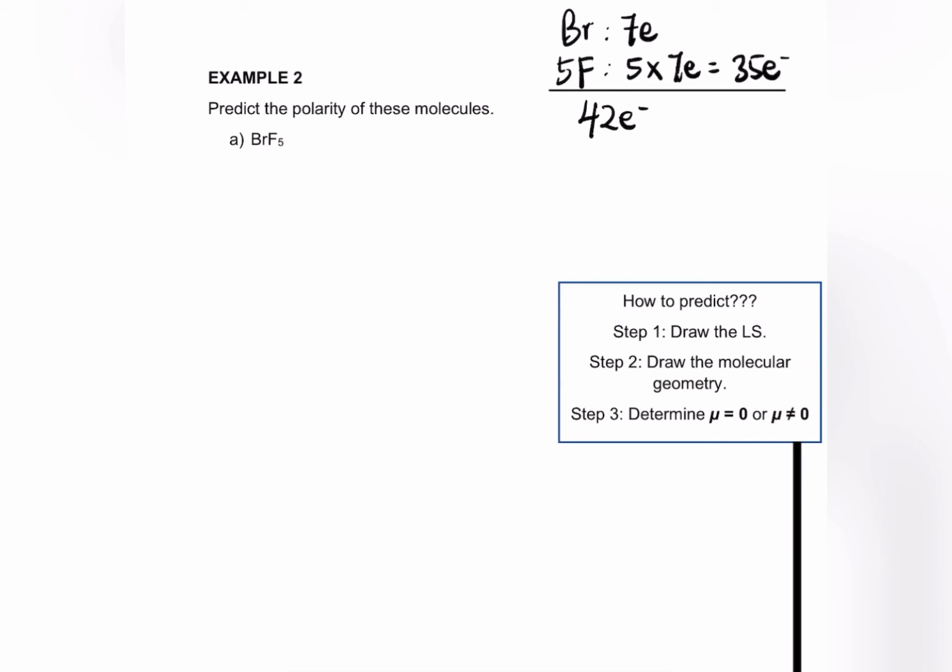And the next one, kita akan tentukan the central will be bromine. Bromine is the most electropositive, so I will draw Br as my central atom, and I got 5 of them, 1, 2, 3, 4, 5, and then bonded kepada each fluorine. And what's next? You got 10 electrons used up from 5 bonding pairs.